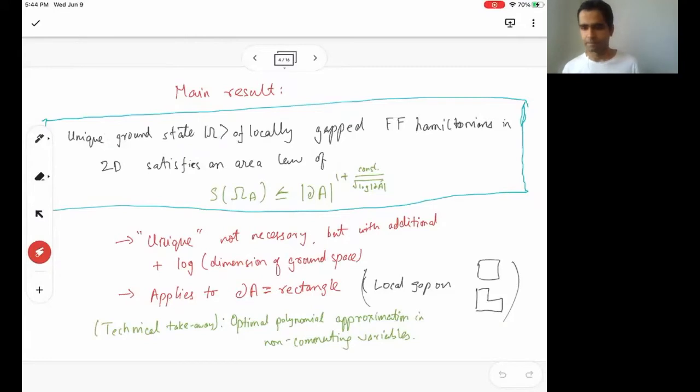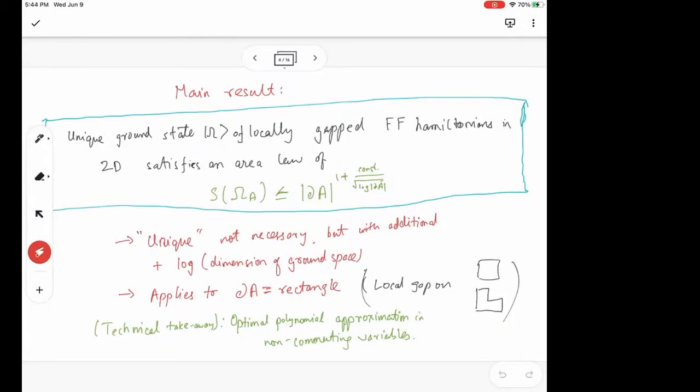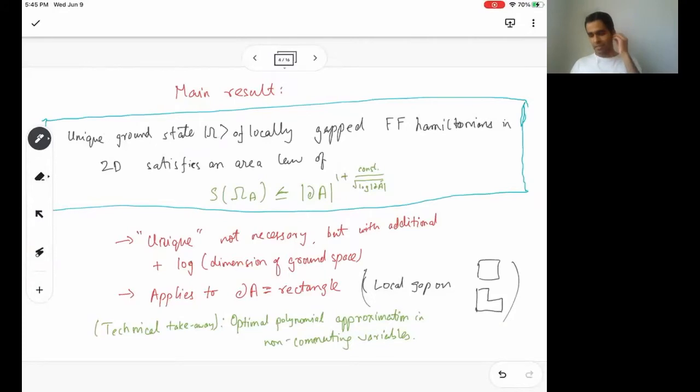But for the local gap, you need a square and this L-shaped region. But the size of these things is independent of the system size, right? Yes, it's for a constant. Essentially, it's not strictly constant. Basically, there exists a size not too large for which there should be a local gap. Okay, but that could depend.